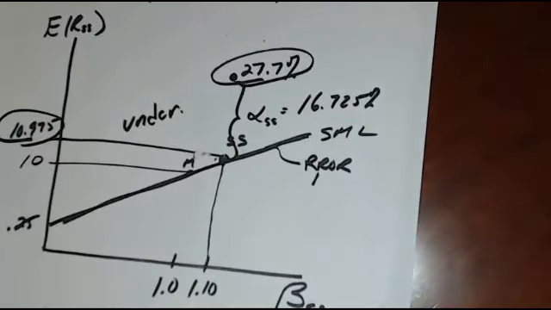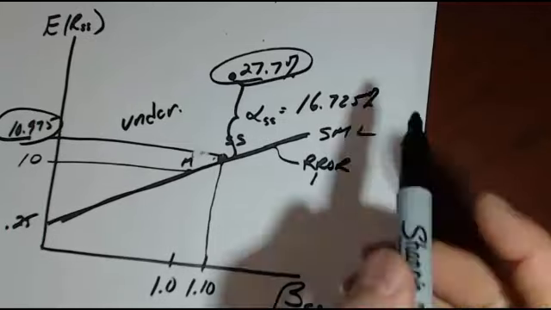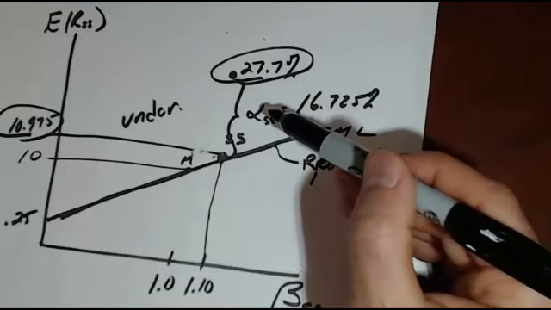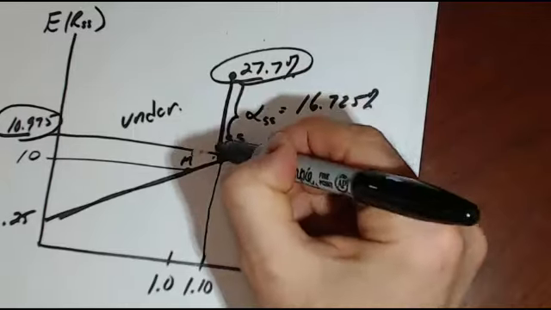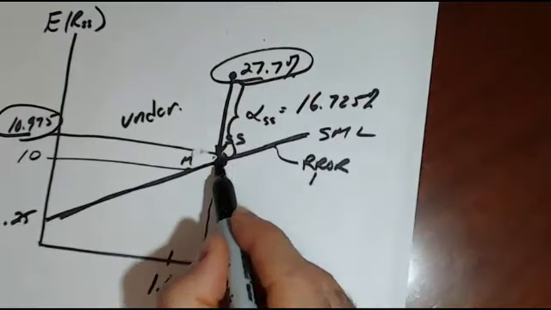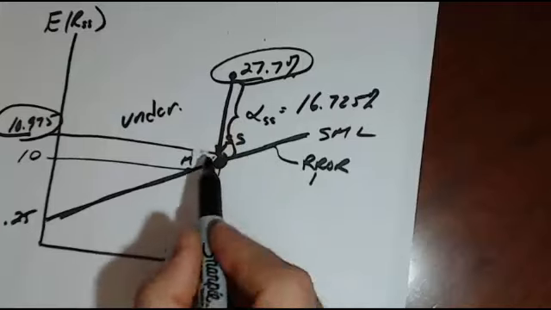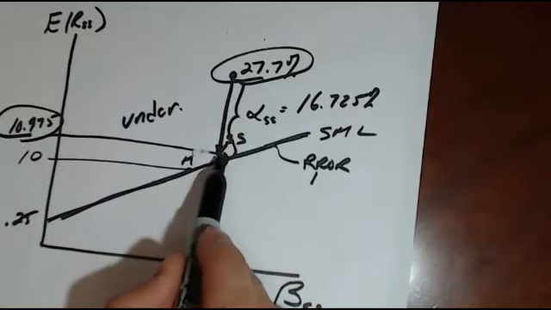It's above the line. And if the rest of the market sees what you see individually, then they're going to buy up this stock and push the price up, and the return is going to come down until the expected return equals the required rate of return of about 11%.